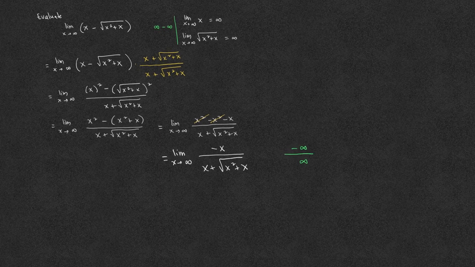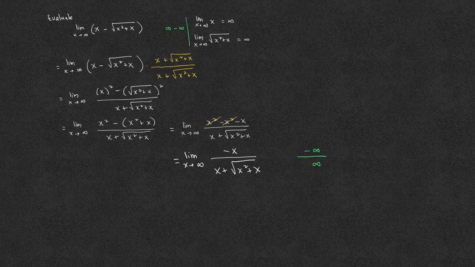We treat this as a new limit problem, and we can find the limit using L'Hopital's rule if we wanted to. Although in this case, it is much easier if we evaluate this limit using pre-calculus techniques. This is negative x over x plus the square root of x squared plus x, and we see that the highest degree in the denominator is x.